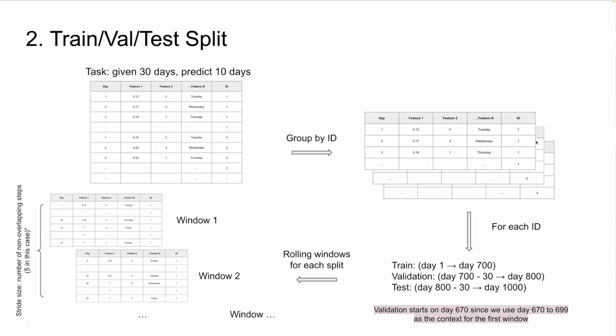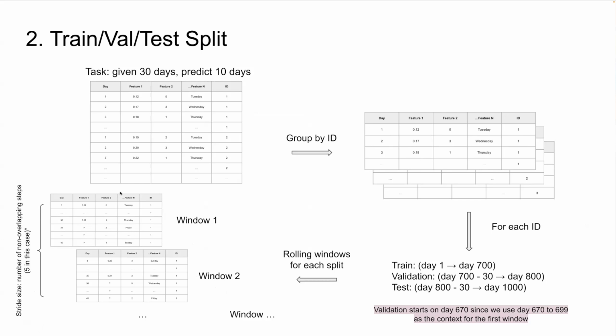So once we get the 2D array for each that corresponds to each instance ID, then we can divide it into rolling windows. In this case, the way I'm doing it is I have something called a stride size, which is the number of non-overlapping steps between every 2 windows.